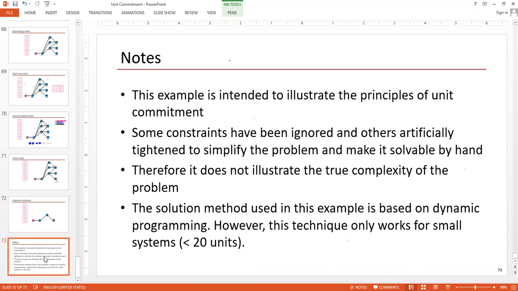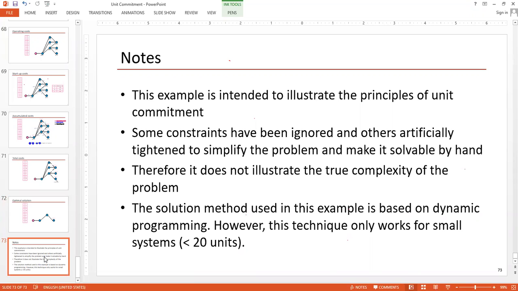Okay, and that's probably the end of the unit commitment lecture. However, there are some comments on the last example that we have shown. It is a pretty much simplified version, but the target for the last example was not to be too involved in the complexity of the unit commitment calculation.